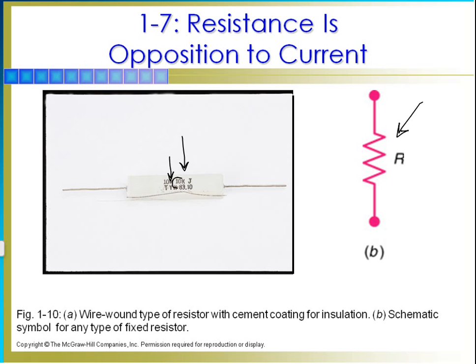It is 10,000 ohms, 10K, 10 times 10 to the third, or 10 kilo-ohms. It's just an example of one kind of resistor. Chapter 2 goes into a lot of resistors, and we'll get to that when we get to Chapter 2 next time.